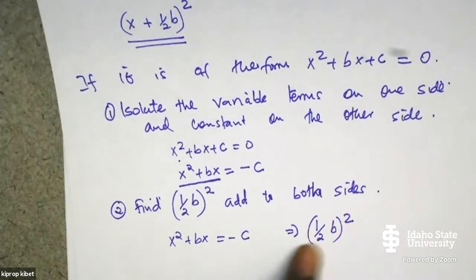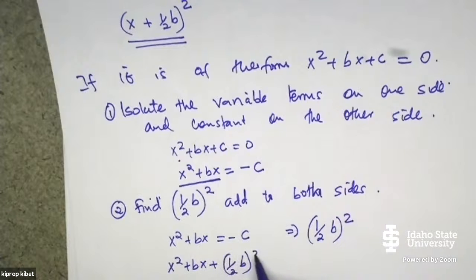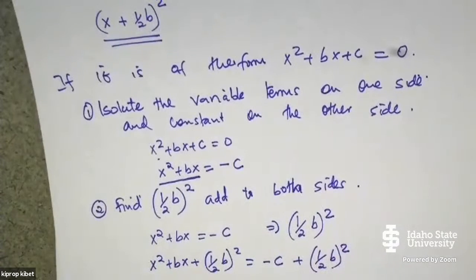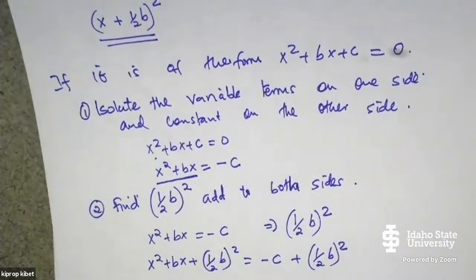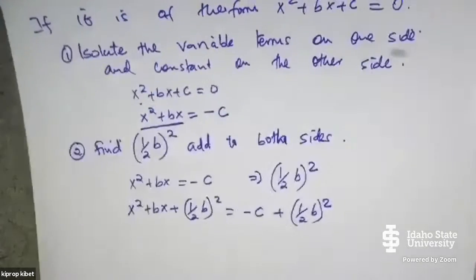Then we add this to both sides. So x squared plus bx plus (1/2 b) squared equals minus c plus (1/2 b) squared. So that is the second step.